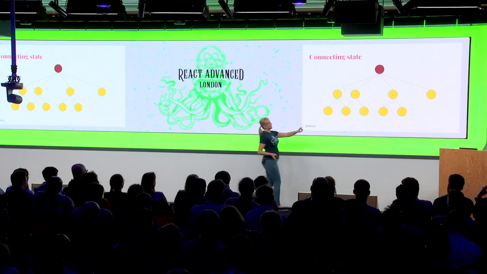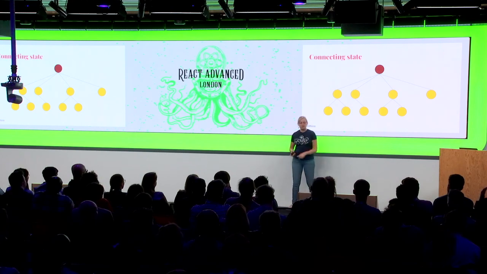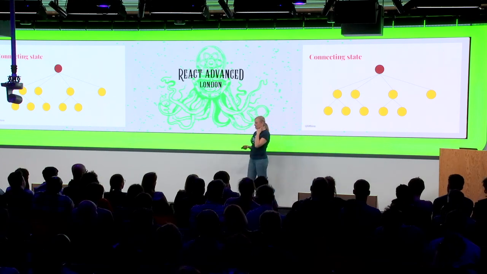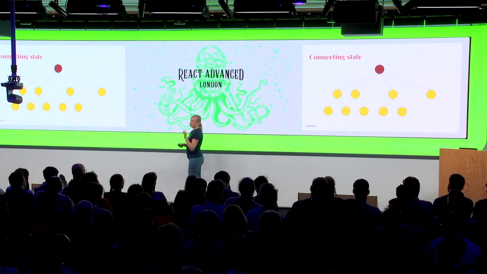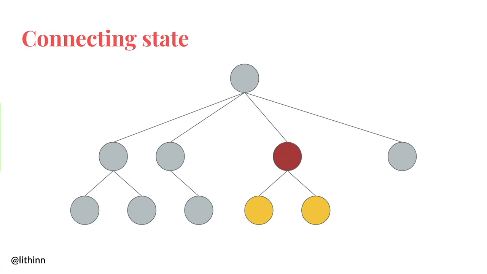But it also meant that if there was a component down here somewhere on the right that needed to update when there was an update to a name, we would need to update the whole tree instead of just that one local place. So we spent ages refactoring all our screens, putting the connects at the lowest possible levels, because that way we only changed the state that we actually cared about for those components that we cared about.